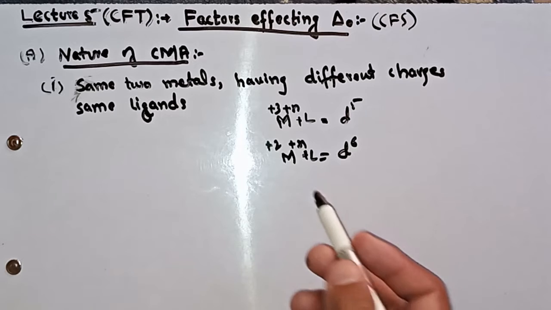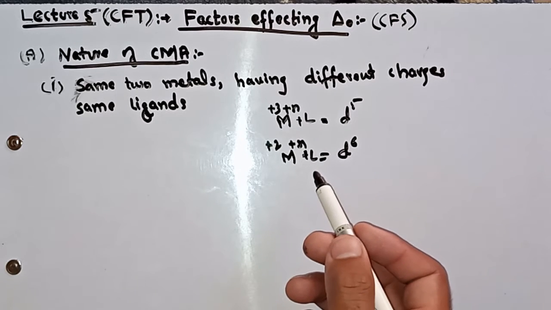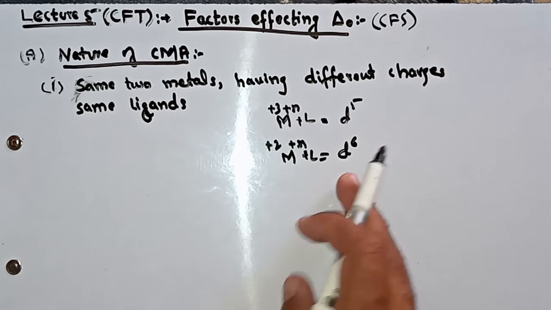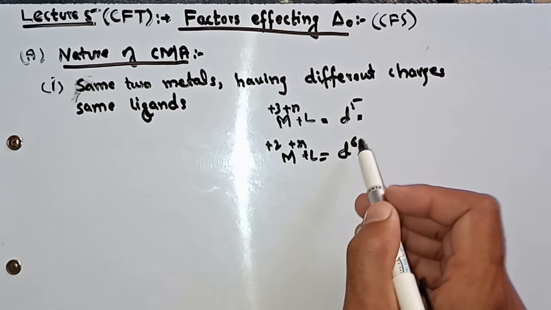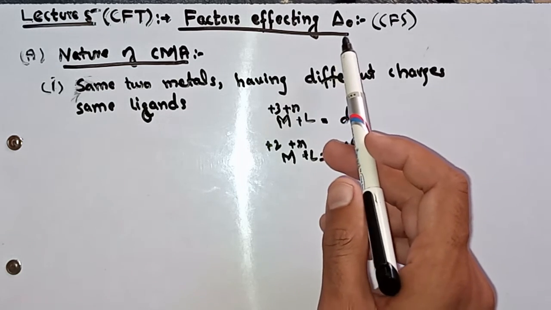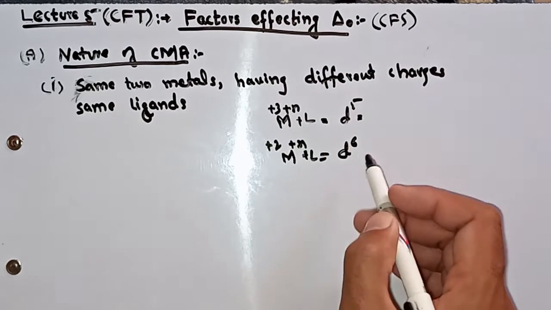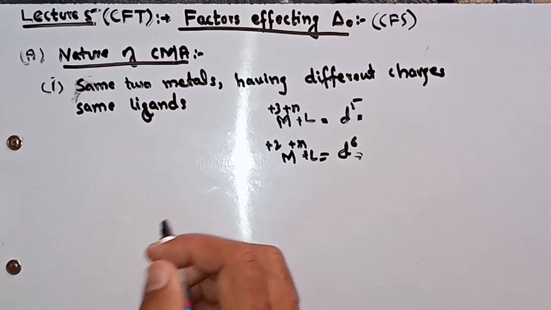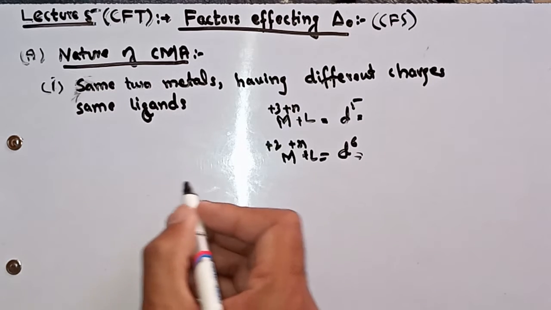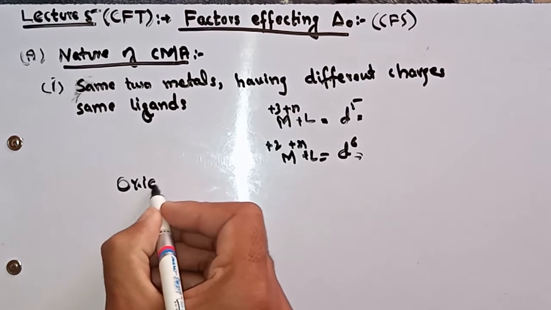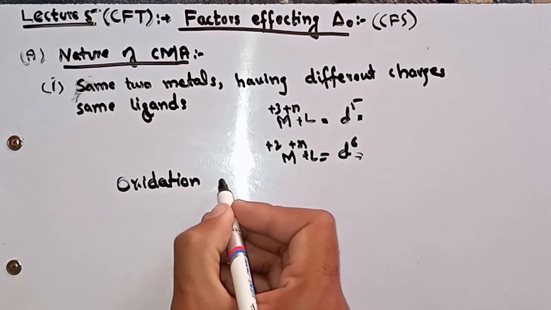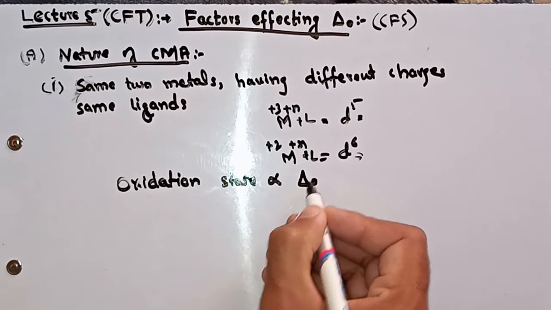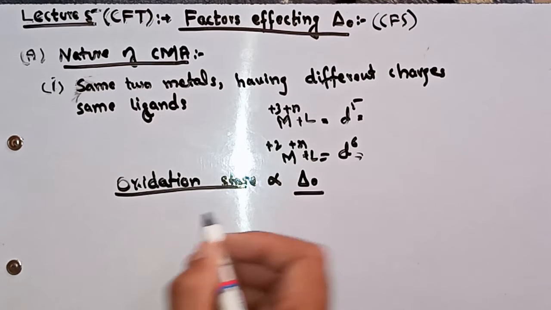So if the same metal interacts with the same ligand and only the oxidation state or number of electrons in the d orbital is different, how will delta naught be affected? One very important thing we should always remember is that oxidation state is directly proportional to delta naught. This means the higher the oxidation state, the higher the crystal field splitting.